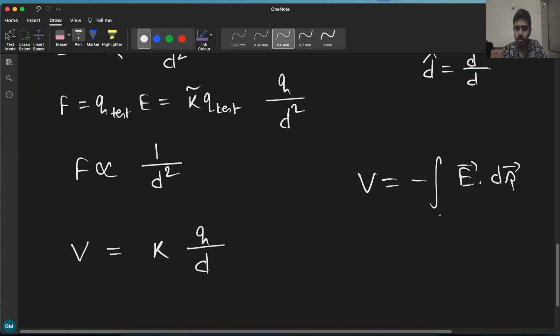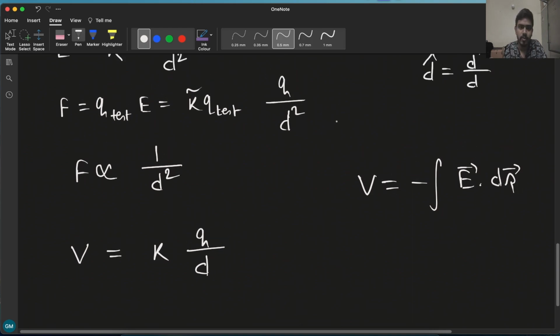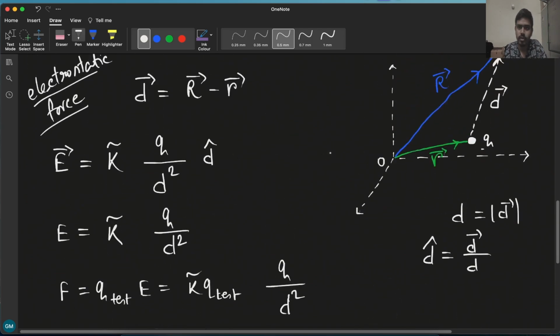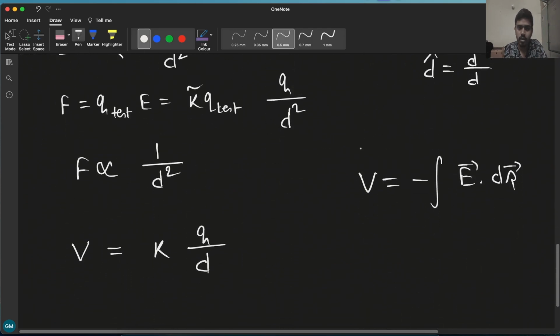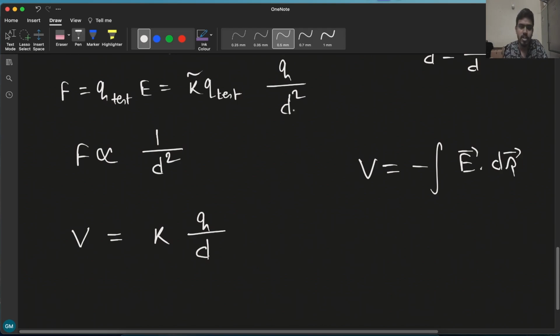If I do the integration, here d is basically the distance, which is the magnitude of s. So it will be 1 by s square times ds.